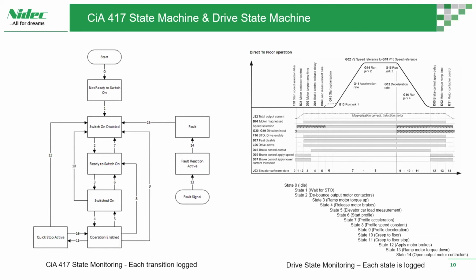And then finally, the motor contactors and the STO are opened, so the system is no longer energized. In the 417 state machine, as I mentioned, it's mainly the transitions that are tracked, while from the drive's internal perspective, it's again the states that are being monitored, from state 0 up to state 14 and then back to 0.